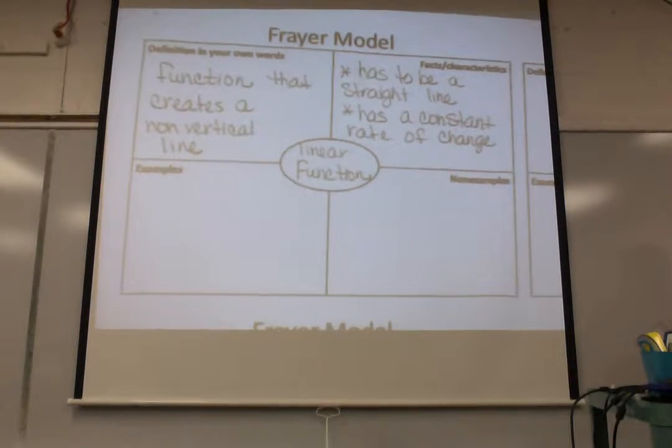So that means it's always going up or down by the same amount. So it's always increasing or decreasing by the same amount. So like in a real life situation, if you have a job, if you're getting paid by the hour, you're always getting paid the same amount every hour. That would be a constant rate of change.